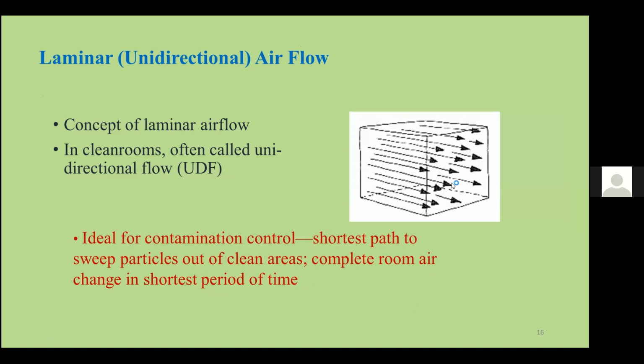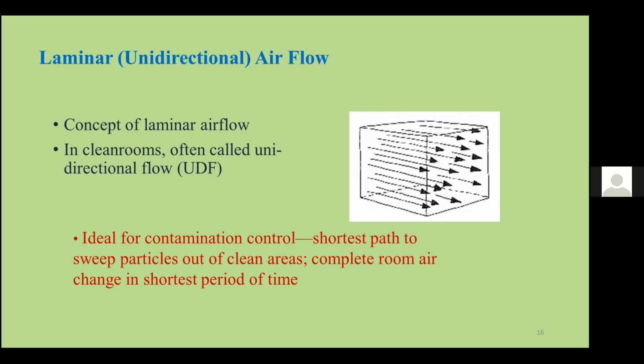In that case, the air passes through the HEPA filter at very high speed in one direction. Due to that, the particle contamination is removed very quickly from the clean room. So most clean rooms have this type of airflow.